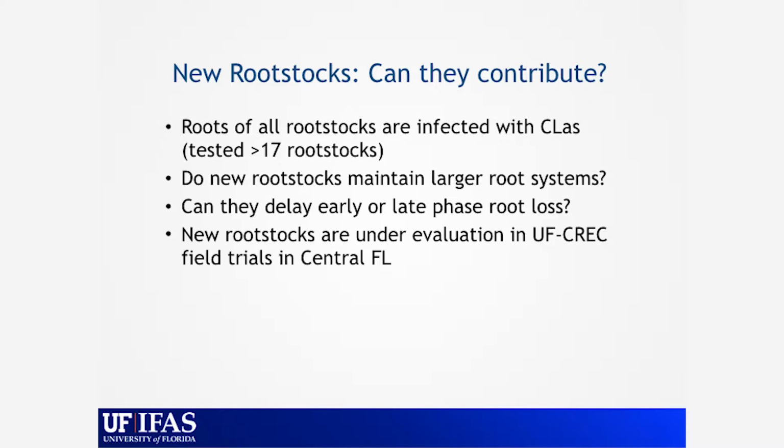And in Silvio's studies and our studies, Evan Johnson's studies, all the rootstocks that have been investigated become infected. Evan looked at 17 rootstocks, Silvio many more, but among the two laboratories we have as many as 50 rootstocks that have been looked at. So the question of whether new rootstocks maintain larger root systems, is that going to contribute in a way to tolerance?